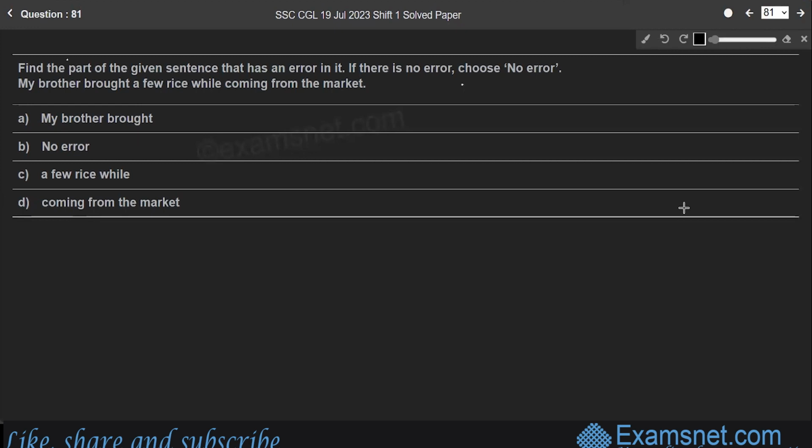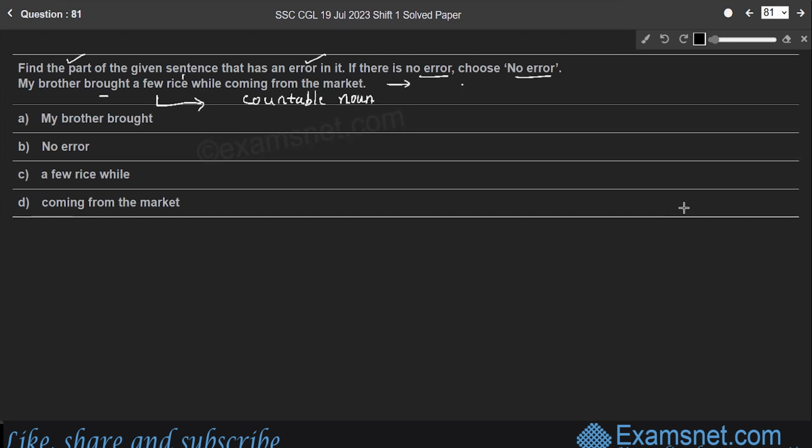Question 81. Find the part of the given sentence that has an error in it. If there is no error, choose no error. The given sentence is, "My brother brought a few rice while coming from the market." Here, the word few is a determiner used for countable nouns.